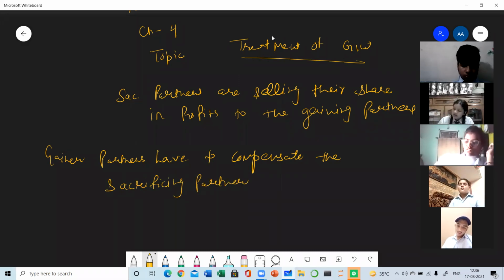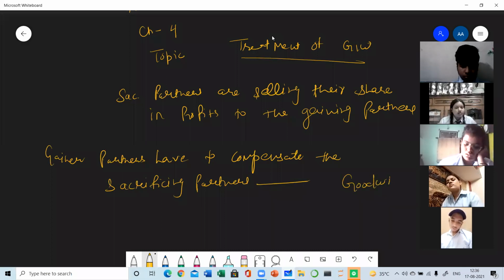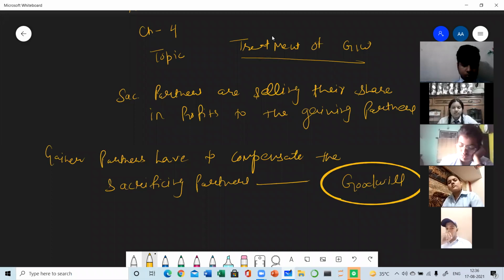This compensation is known as goodwill. The amount the gainer partner pays to the sacrificing partner is known as goodwill. So the sacrificing partner must get the amount of goodwill from the gainer partner.